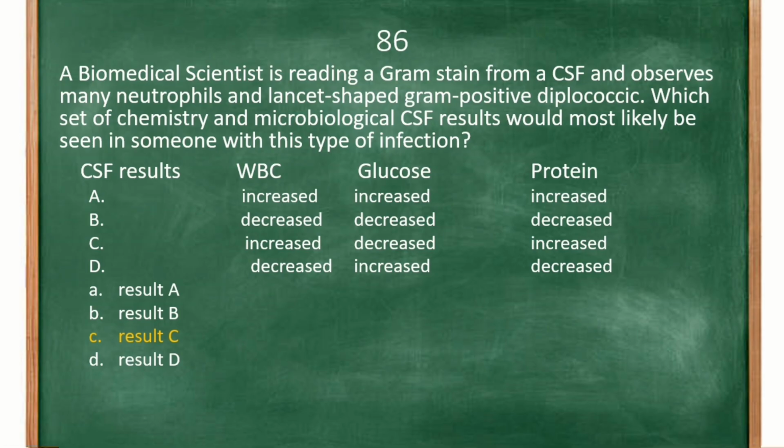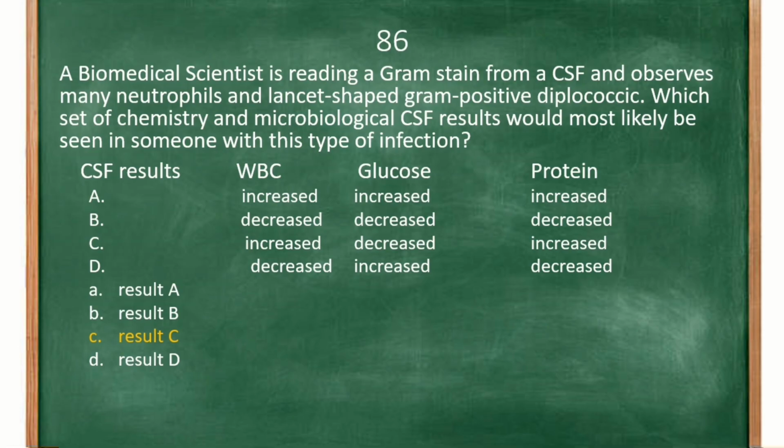There will be a decrease in glucose, which is caused by the bacteria consuming the glucose, and the inflammatory response itself can also affect the glucose level. And we say option C because protein will also increase.